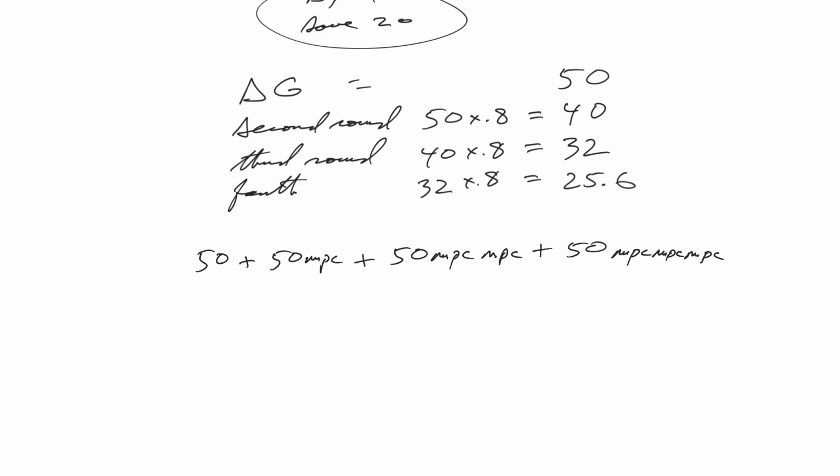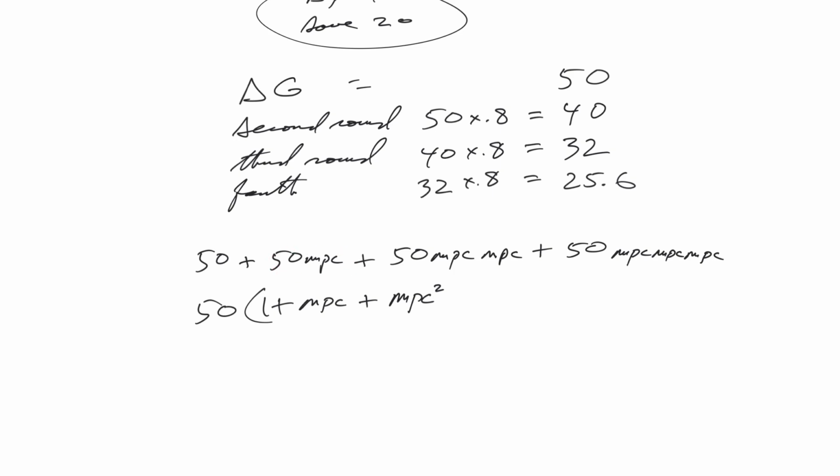Now, we can factor out the 50s. Factor out those 50s, and then we've got 1 plus marginal propensity to consume, plus the marginal propensity to consume squared.